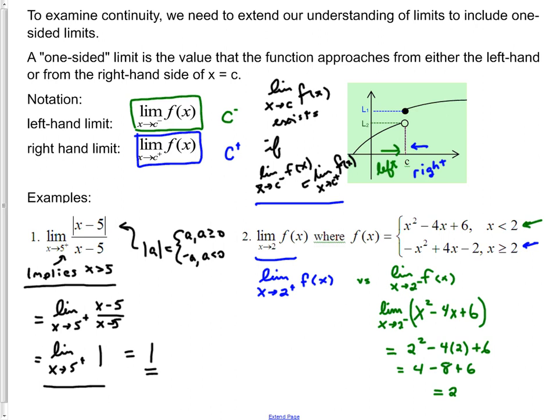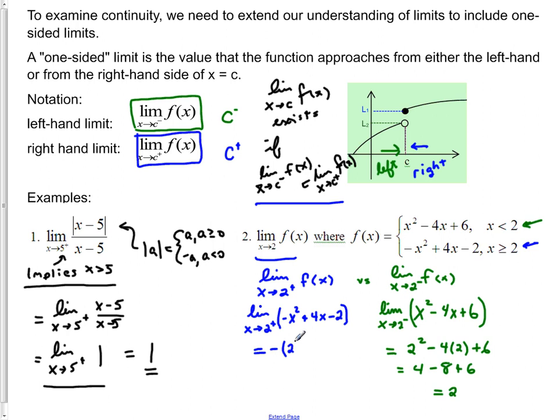Now let's look at what happens as we come in from the right. This time we're going to be taking the limit as x approaches 2 from values that are slightly greater than 2 of the expression negative x squared plus 4x minus 2. And let's see what happens. Again, because this is a polynomial style of function, we can evaluate this by substitution.